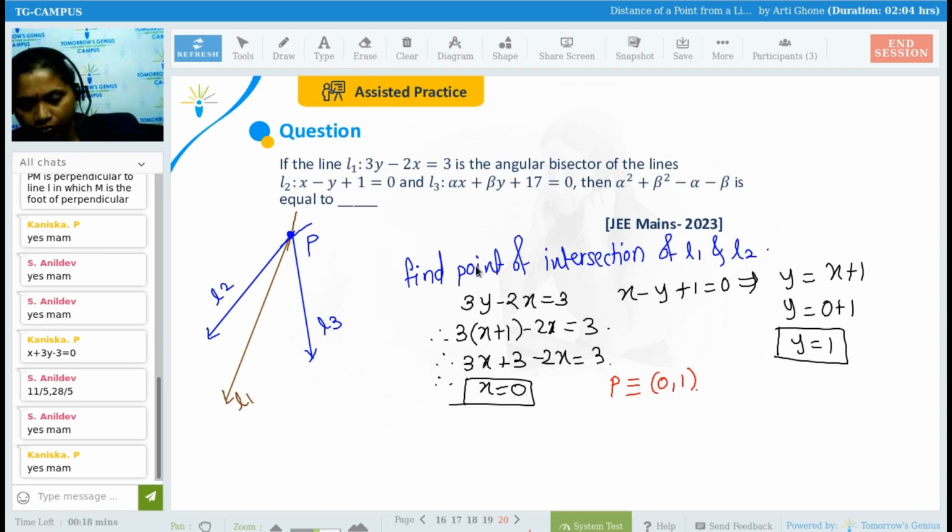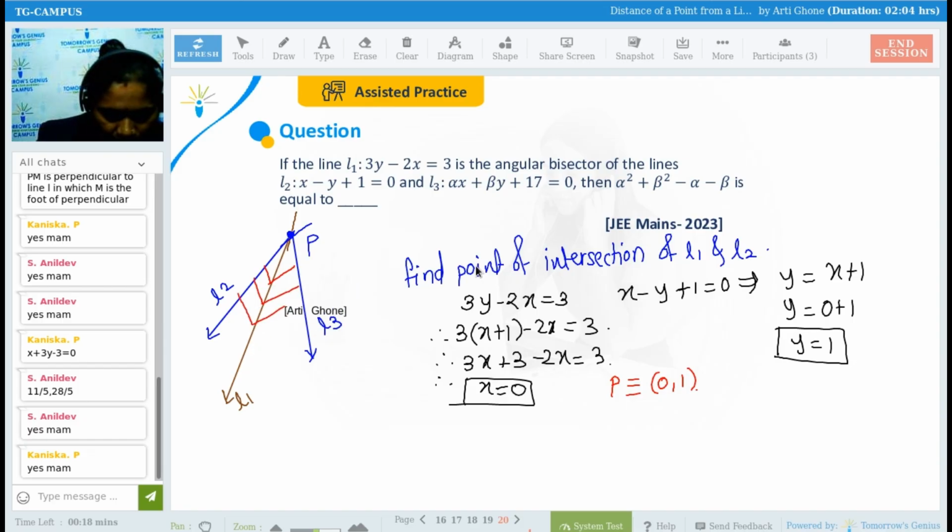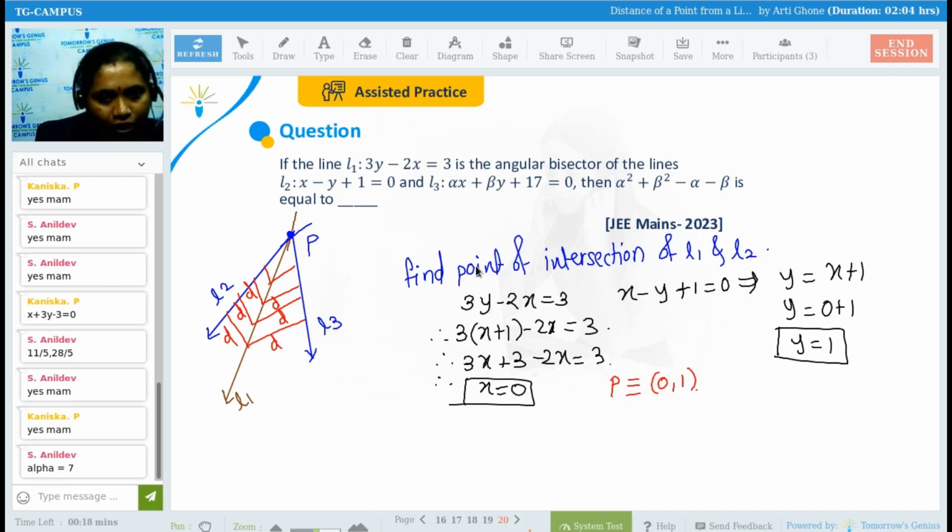Okay. Now, next thing, just see. You can consider any random point on this angle bisector, which is at exactly the same distance on both sides. This D is always equal. So you can consider any random point on the line L2. If I put y is equal to 0, what will be the answer of x?